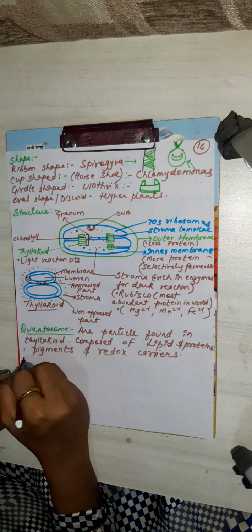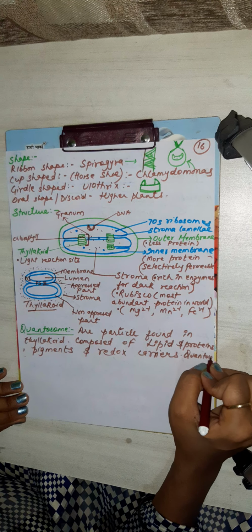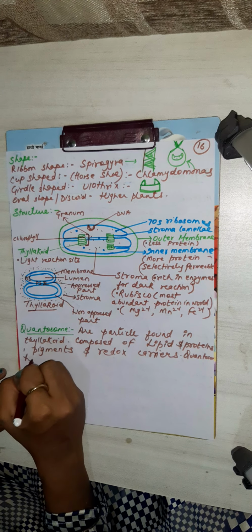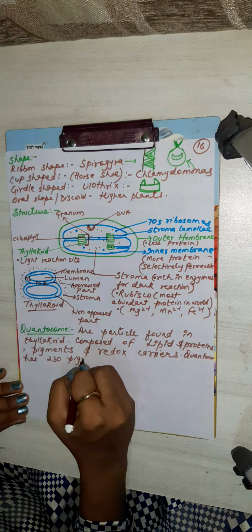Quantosomes has about 230 pigment molecules.